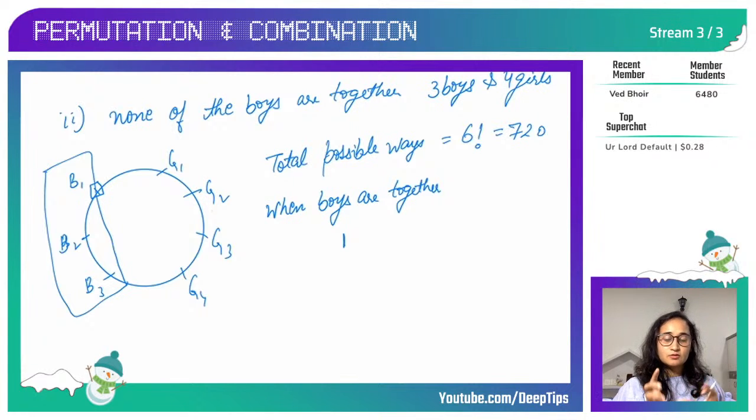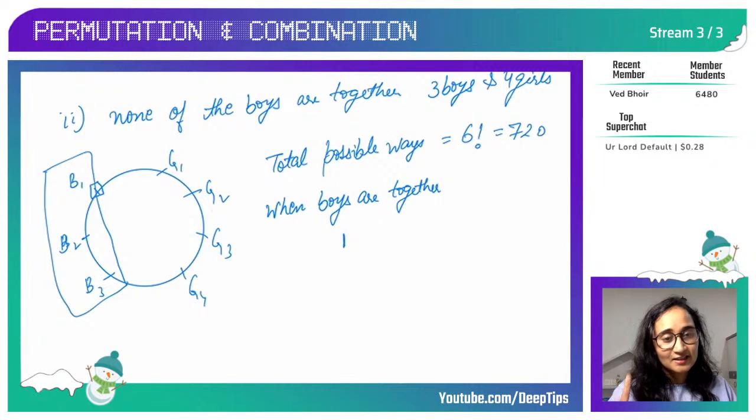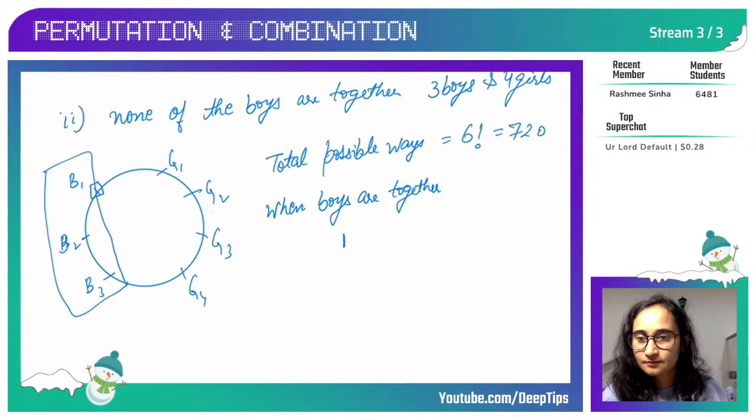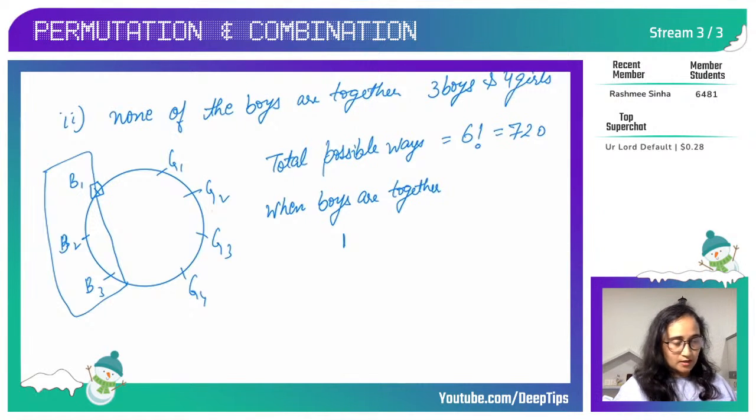Anyways, I need to make them sit together because they all are together. You remember the scenario in the previous question where we did boys and girls separate, right? So here I have fixed the place for boys, so that is one way, correct? So then this is one.